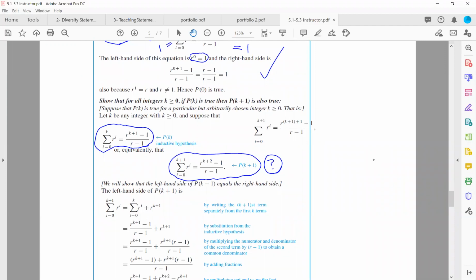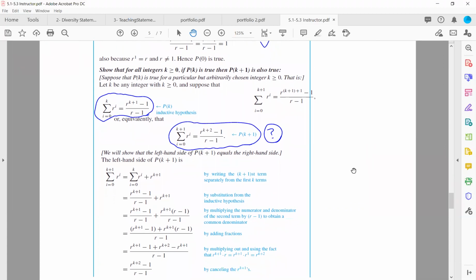When I plug in k plus 1 for n, I can write the series in expanded form. The sum i starts from 0 to k plus 1 is the sum i starts from 0 to k plus the last term, which is r to the k plus 1. I just plug in the upper limit into the term and I copy it down next to the series.